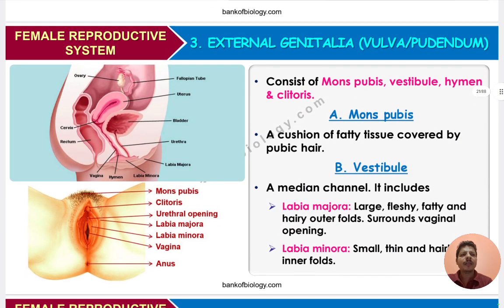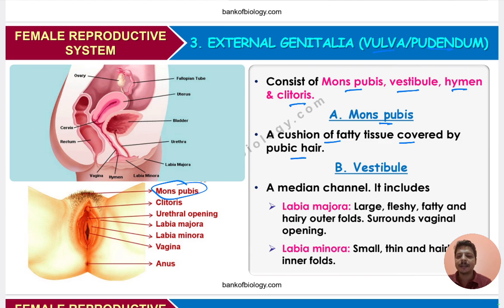Next, the external genitalia, the vulva or pudendum, consist of mons pubis, vestibule, hymen and clitoris. First of all, the mons pubis, a cushion of fatty tissue covered by pubic hair.